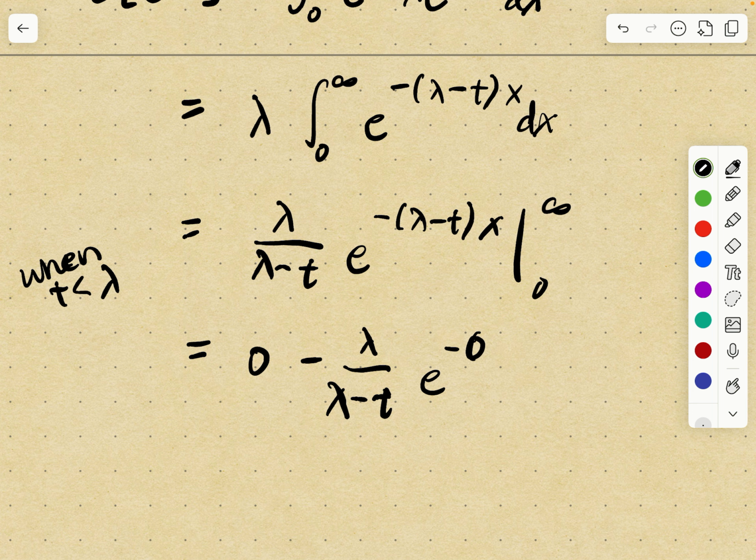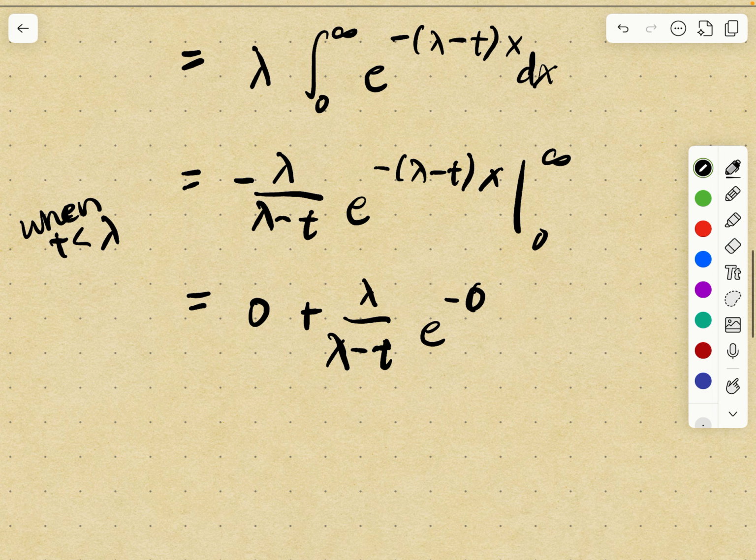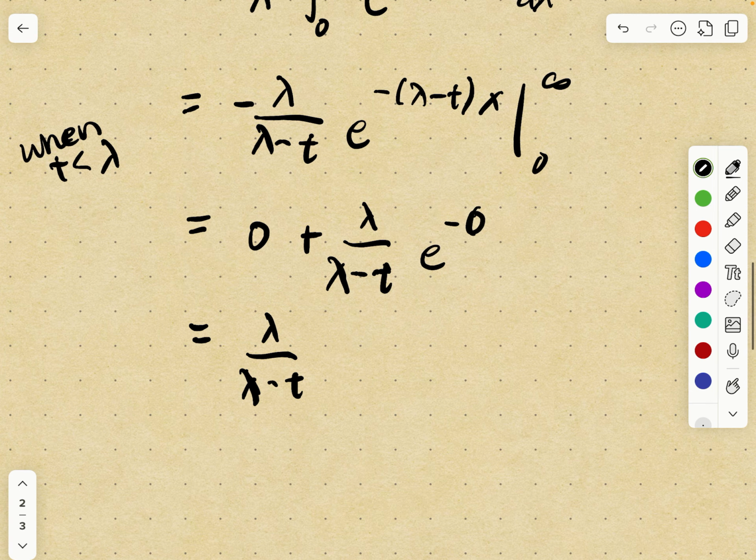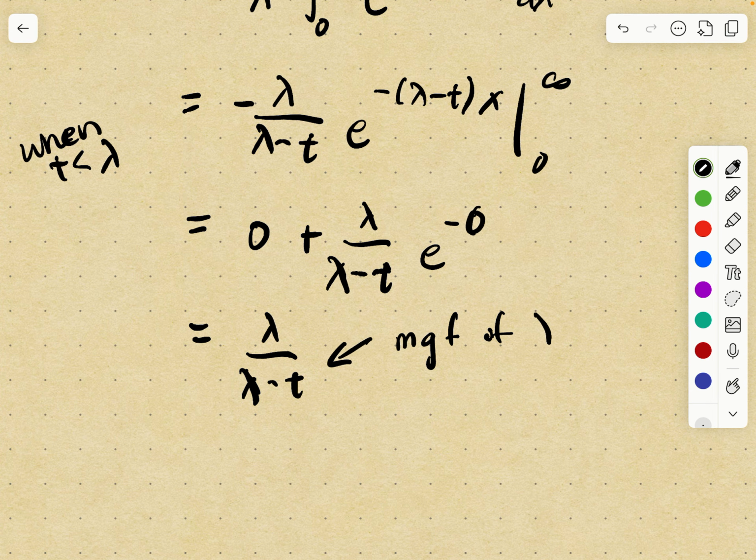Oh wait, no, you just have a constant here. So when you take the derivative, that constant comes out. So actually there should be a minus here, which makes it a plus, and then you're going to get lambda over lambda minus t. That's correct. That's the moment generating function of x.